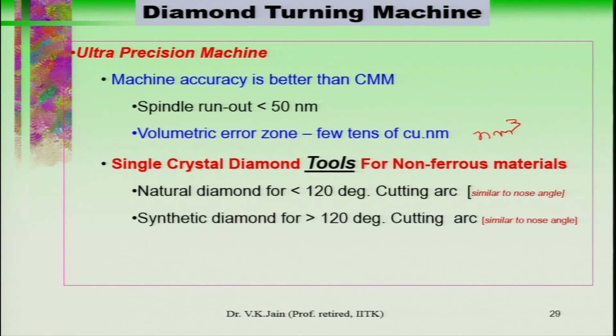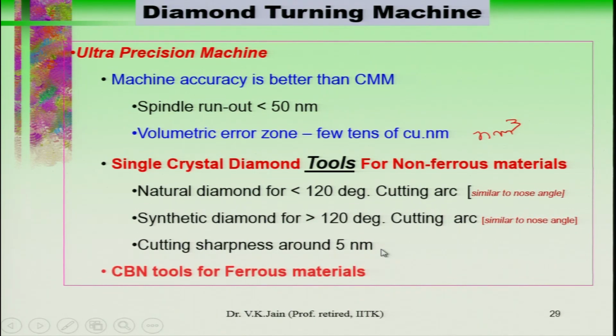Then synthetic diamond for greater than 120-degree cutting arc and cutting sharpness around 5 nanometer, and CBN tools for ferrous materials. As I just mentioned, diamond tools are normally not recommended for ferrous materials, hence cubic boron nitride tools are commonly used for ferrous materials if required for that particular purpose.